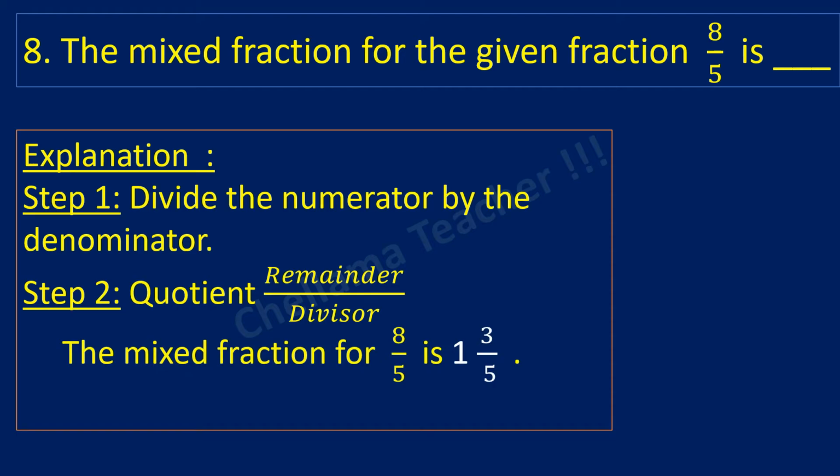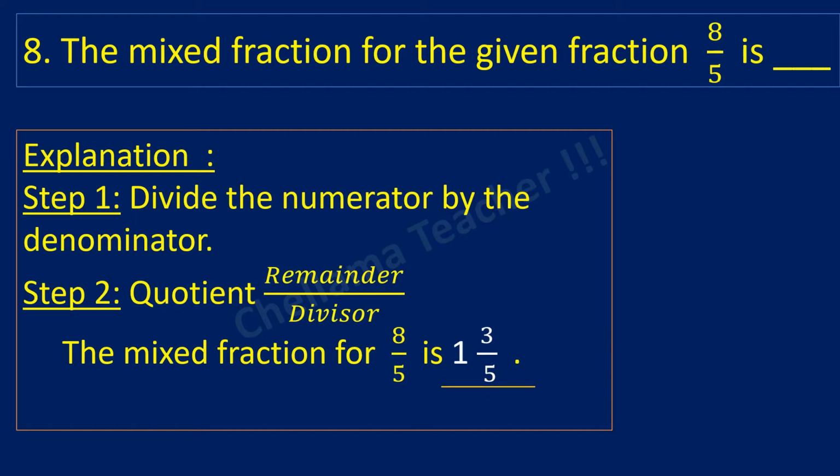Step 2. We have to write the quotient as the whole number and the remainder as the numerator, and the divisor as the denominator. So the mixed fraction for 8 by 5 is 1 3 by 5.